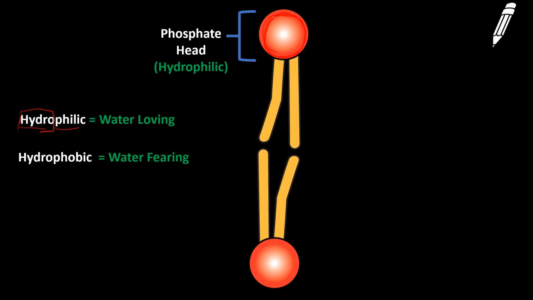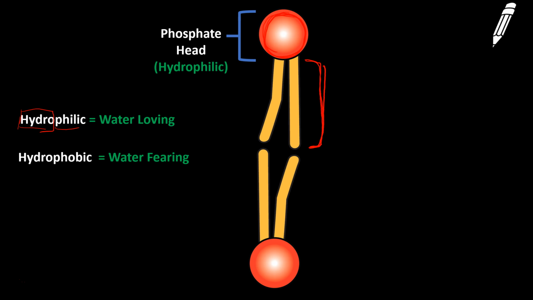Those are the hydrophilic end. And this tail portion, this is the part that's a lipid. It's made up of a fat. Now, if you ever tried to mix water and oil, you would see that they don't mix. And that's why this portion is water-fearing or hydrophobic, because these tails do not like water.